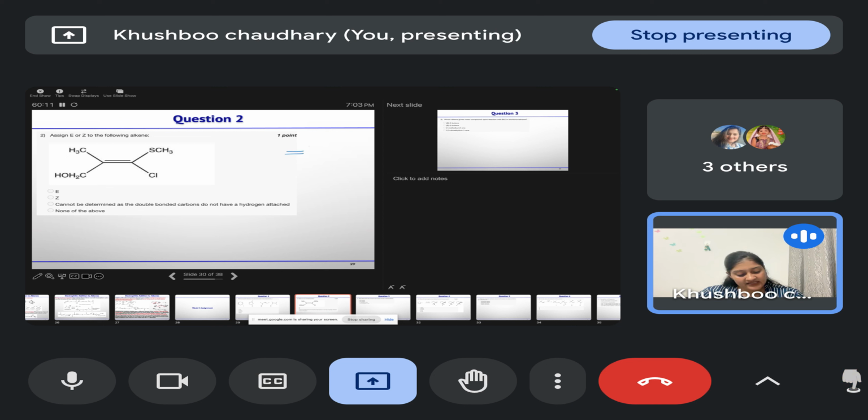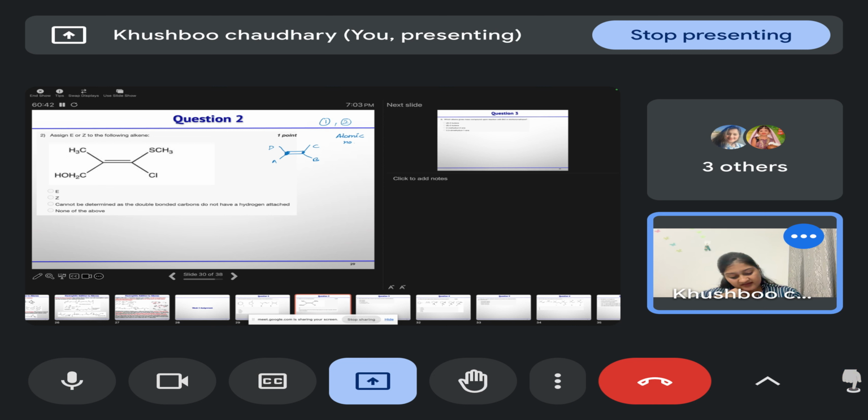In any alkene, if you have different substituents, let us suppose A, B, C, D, then on each carbon atom you have to give priorities 1 or 2. The priority will be decided on the basis of atomic number. Higher priority is given to the atom having higher atomic number, and second priority to the atom having lower atomic number.